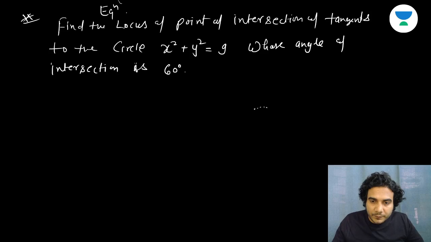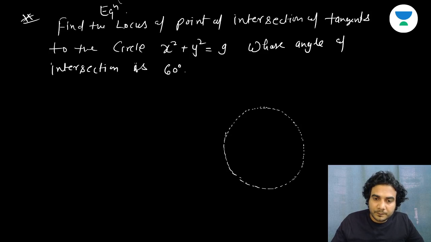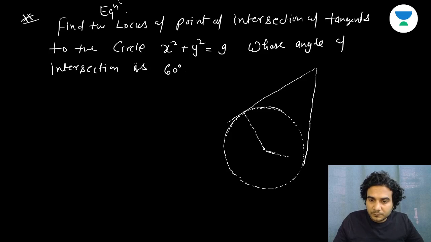So I'll make the diagram for you. This is the point whose locus you need to find, P(h, k).